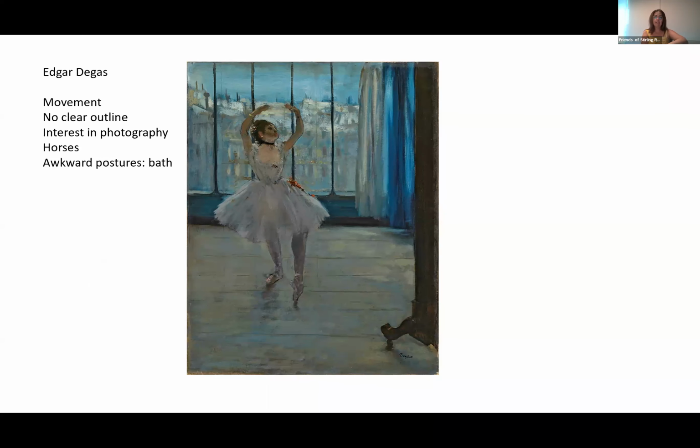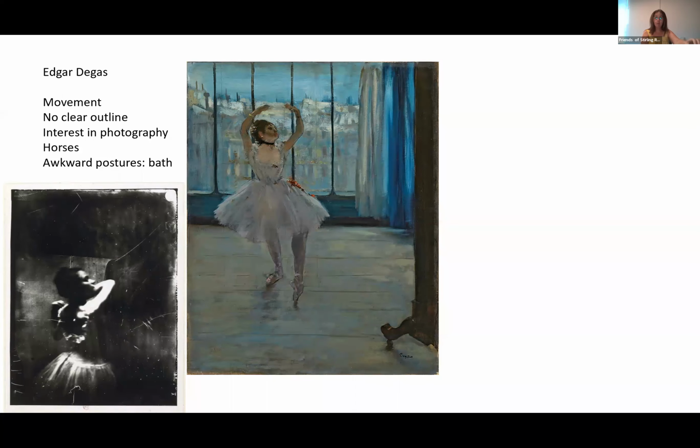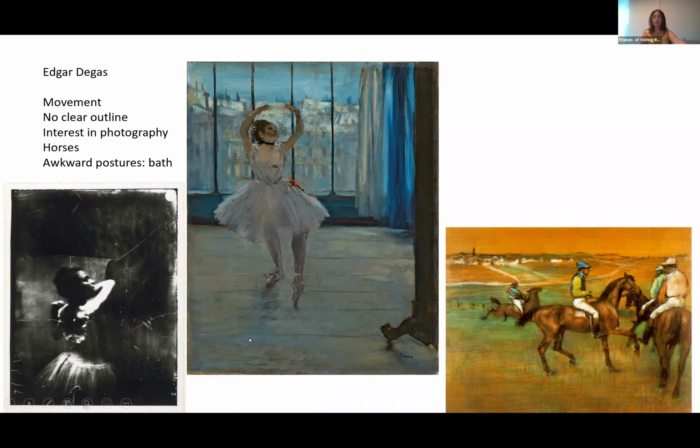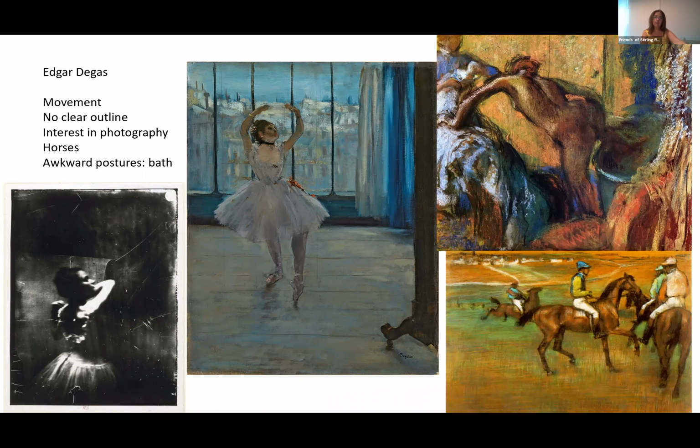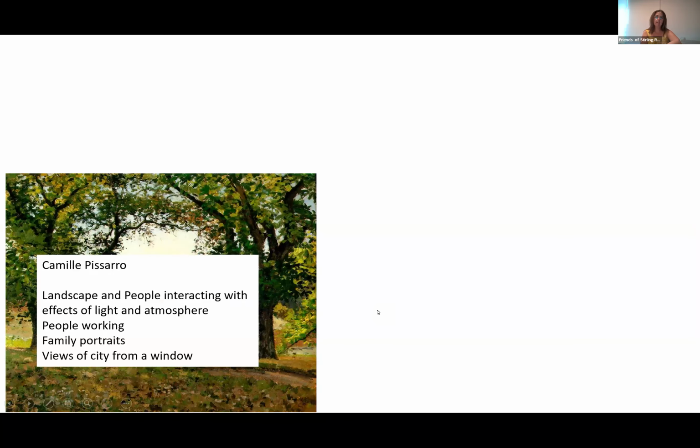Also Degas. Degas is known for his ballerina scenes, movement, where you don't have a clear outline. He was very interested in photography, so we have pictures taken by him, which later are going to become paintings. He was also interested in horses and awkward postures, as you can see in the bath scenes on many occasions, on all of those toilet scenes that we see by Degas.